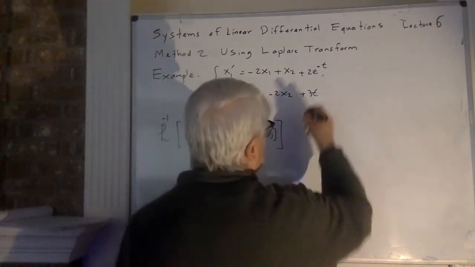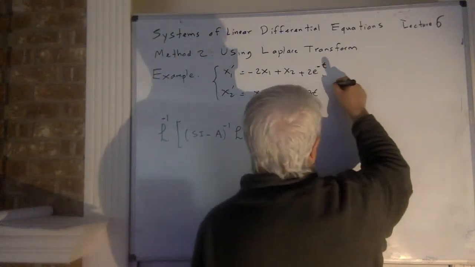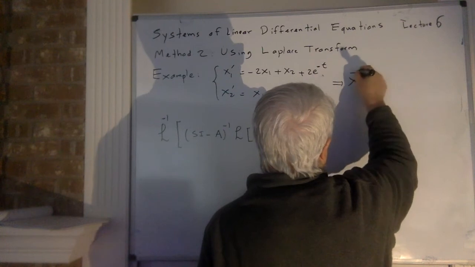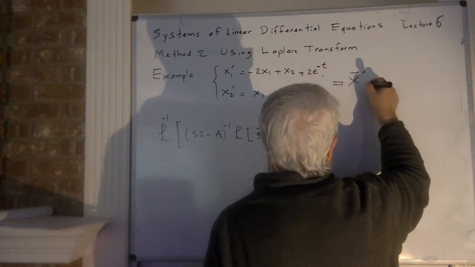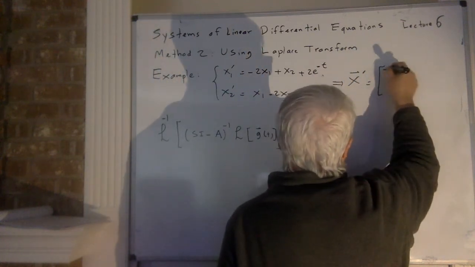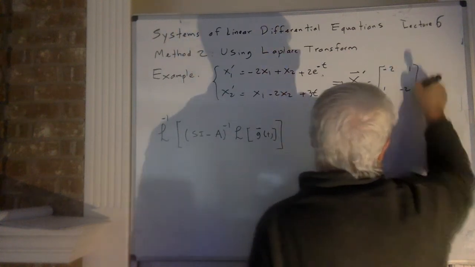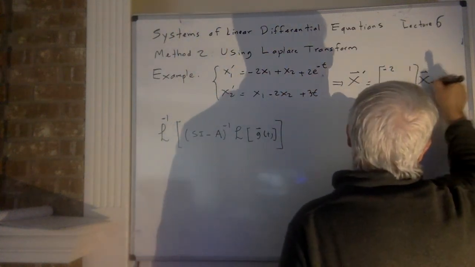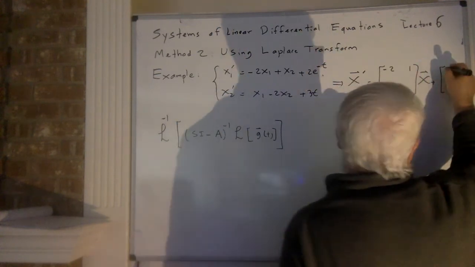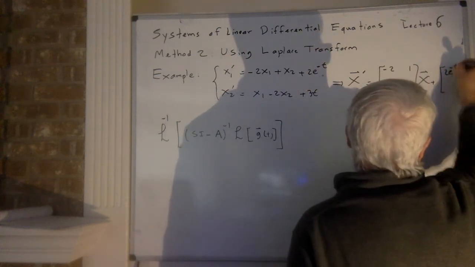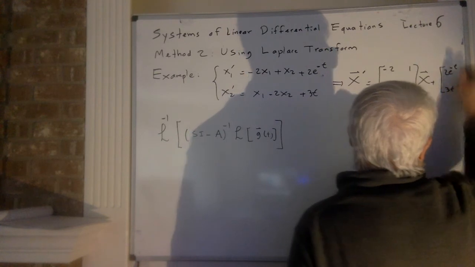Now g(t) is this. So let me write it. X prime is the matrix minus 2, 1, 1, minus 2, times x, plus g(t), which is 2e to the power negative t and 3t.